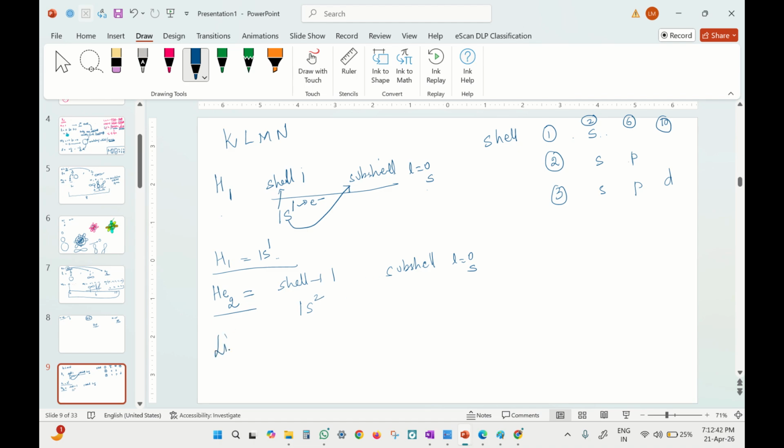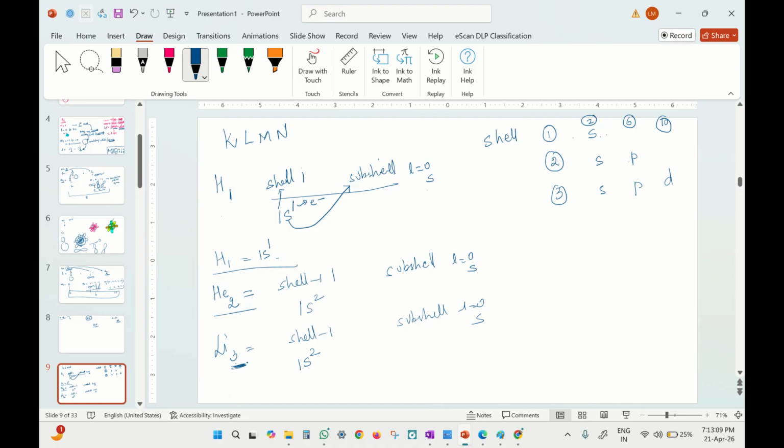What will I do? I'll give again same detail. I'll put shell number 1, subshell L is equal to 0, namely S. How many electrons can be there in 1s? 2. I'm still left out with one more electron, no?